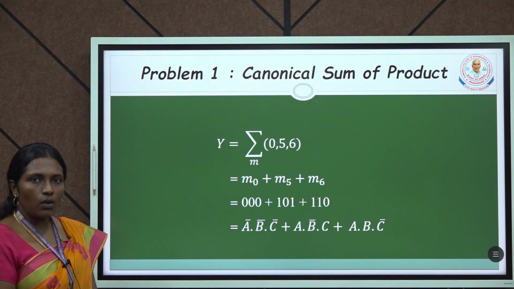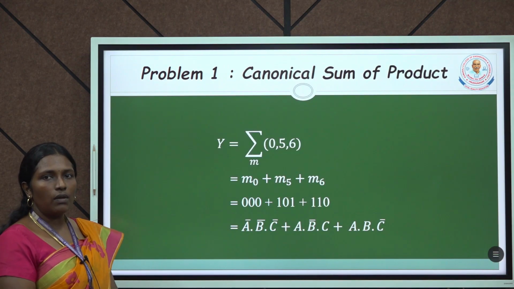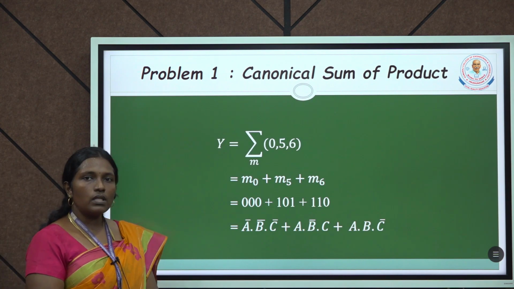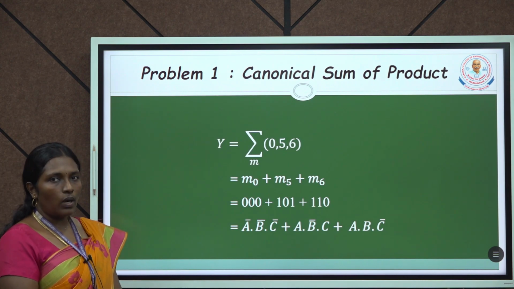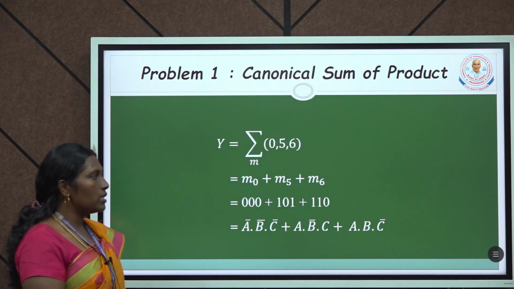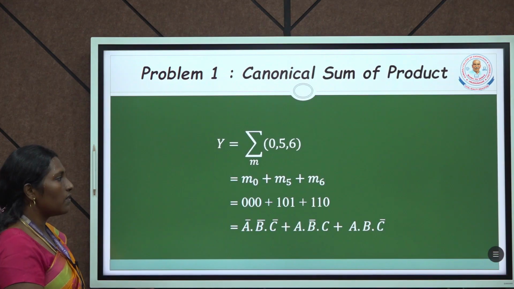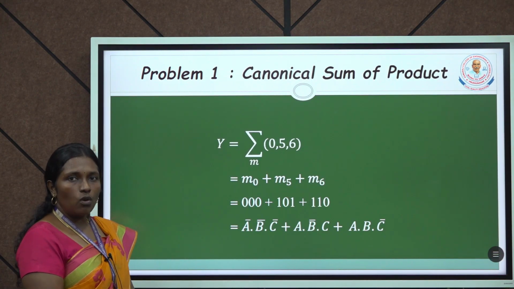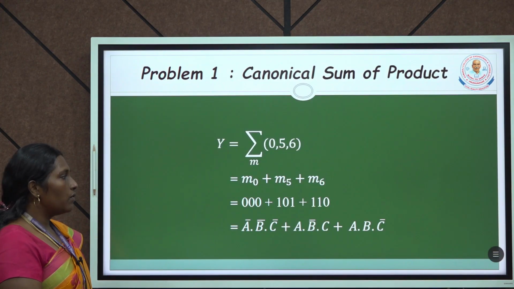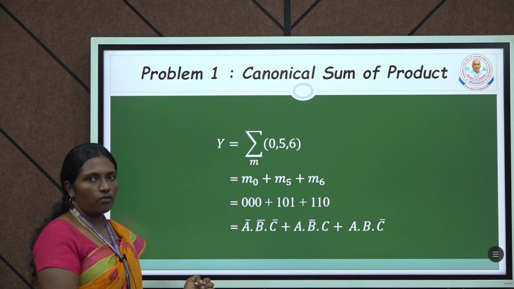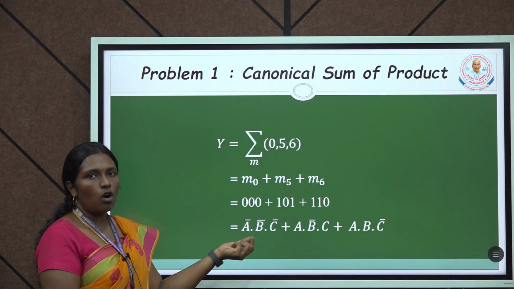For minterm 0, the decimal value is 0, 0, 0. For minterm 5, the binary form is 1, 0, 1. For the decimal value 6, the binary form is 1, 1, 0. We have to write these in expression form. As I already said, in SOP, that is sum of product, we write zeros in complemented form and 1s in uncomplemented form.